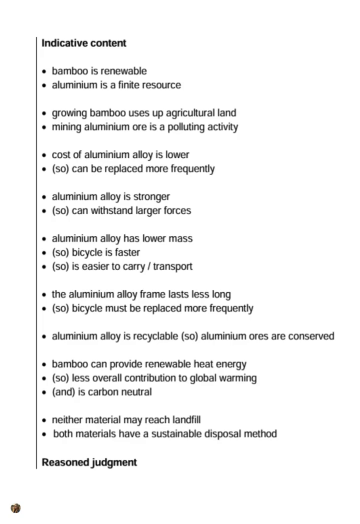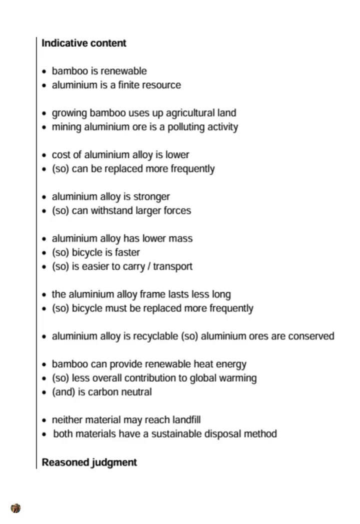And they also say that most of the linked reasons shown in the mark scheme that I read out were rarely seen. Also, many students thought that burning bamboo to produce heat energy as a method of disposal was a negative point, and commonly referring to the release of carbon dioxide as problematic.